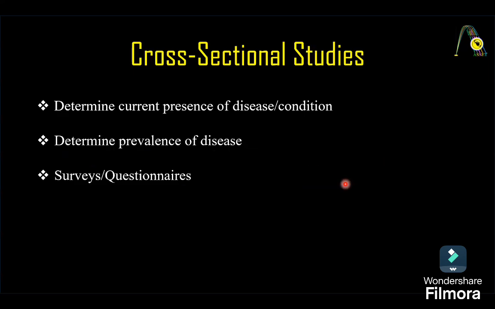All right. Cross-sectional studies are basically determining the current presence of the disease or condition in question, whatever you're analyzing. These determine something known as prevalence, which is how many people in a population currently have a condition or a disease. These consist of your classic surveys or questionnaires.